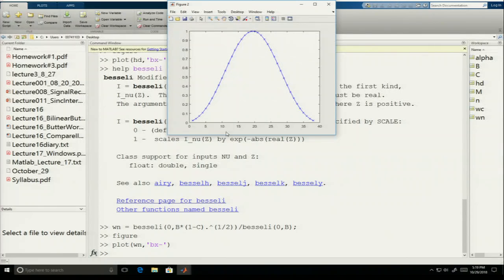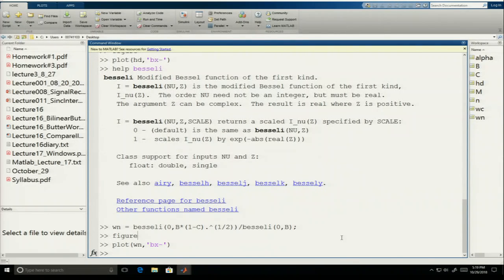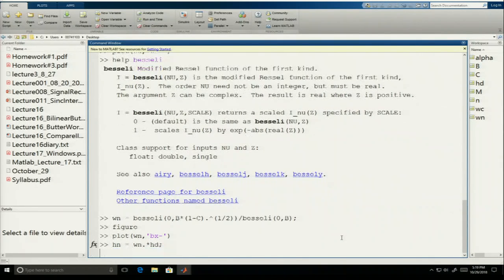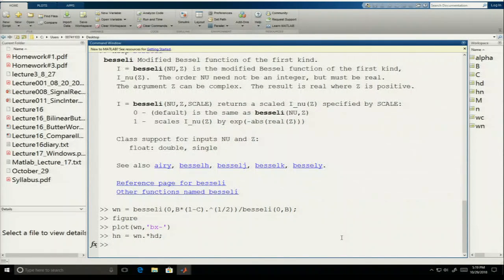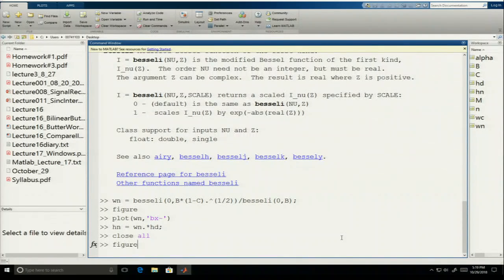What does a window taper look like? It's very small values on the edge, large value in the center, and a smooth progression down to the edges. So that's what a window is supposed to look like, and that looks like a window. So let's go ahead and say h of n is w of n times hd. We can look at that just for fun.